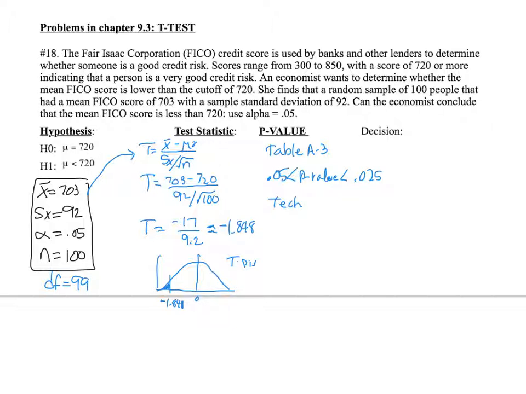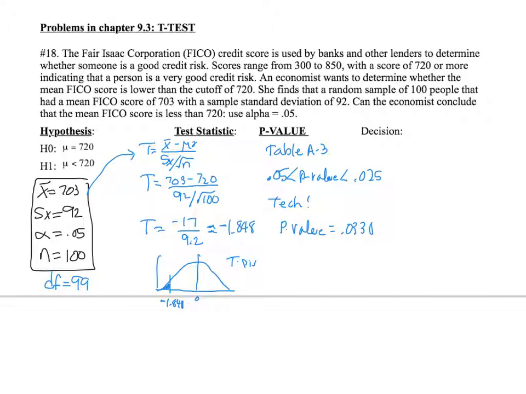And with technology, if we use the t-test on our calculator, we can find the exact p-value. The p-value with technology is equal to 0.0338.